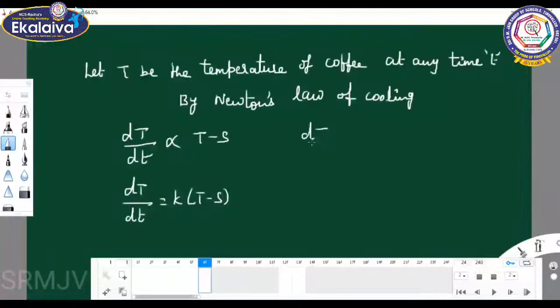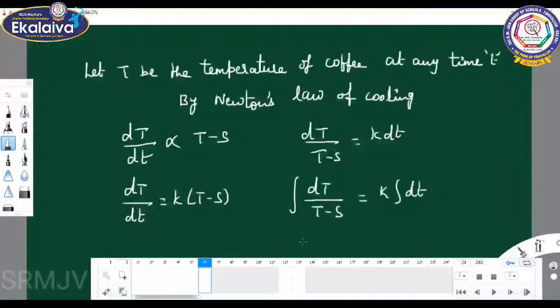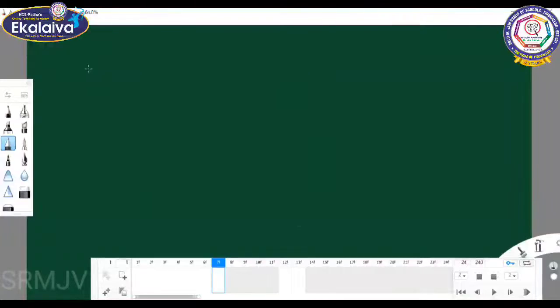So dT by T minus S equal to k into dt. Integral of dT by T minus S equal to k into integral of dt. So log of modulus of T minus S equal to kt plus log of modulus of C. Previously we have seen this, so you bring it in the format T minus S equal to C e power kt.